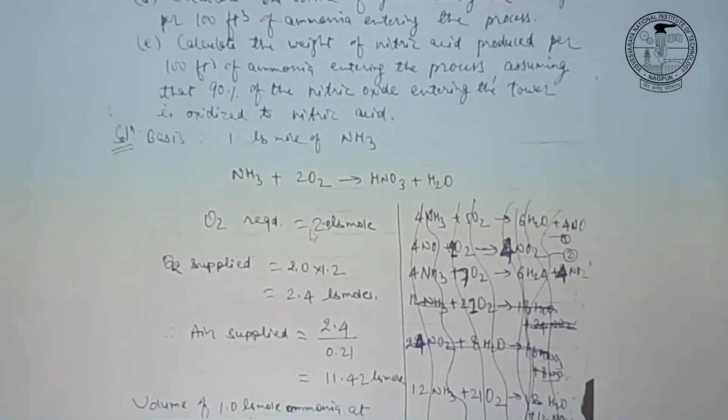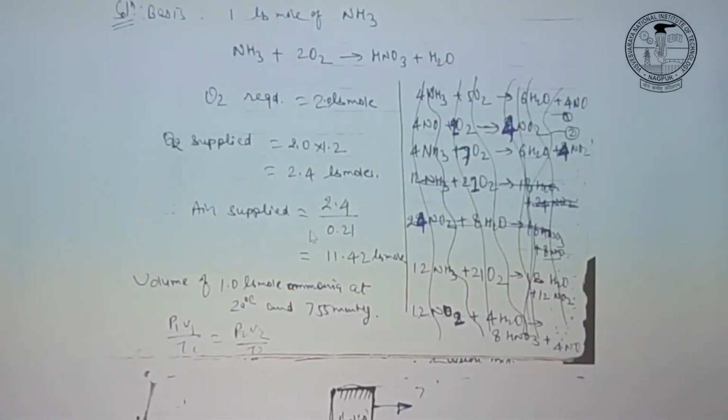But the beauty of our assumption is that by looking at the reaction itself, you can tell that 2 lb mole of oxygen is required theoretically if the conversion is 100%. So here oxygen required will be 2 lb mole.